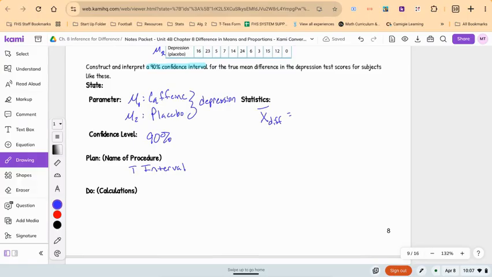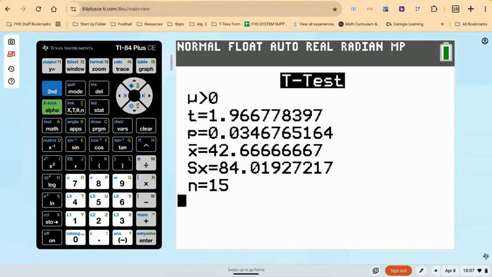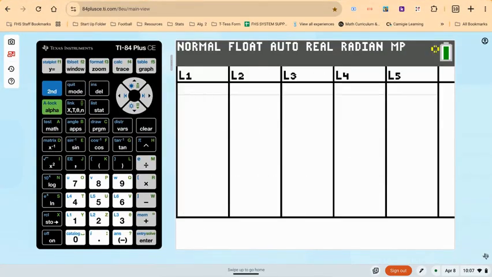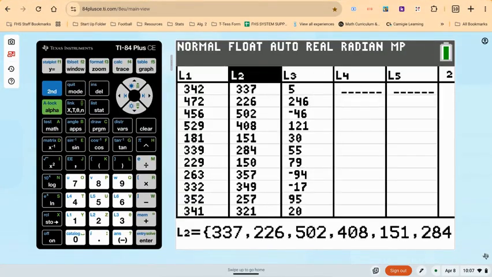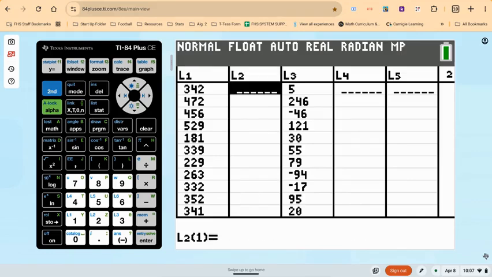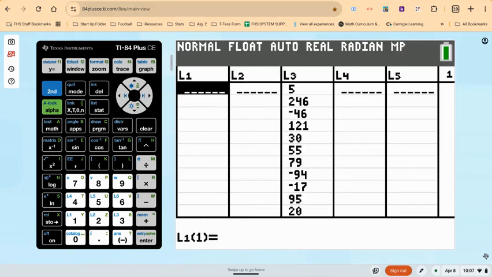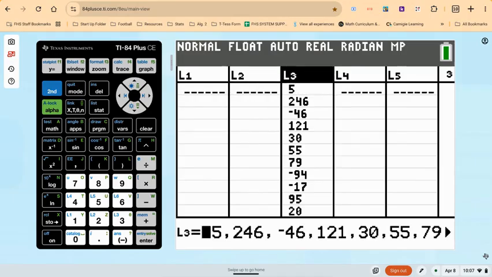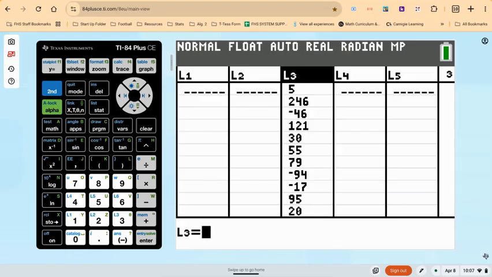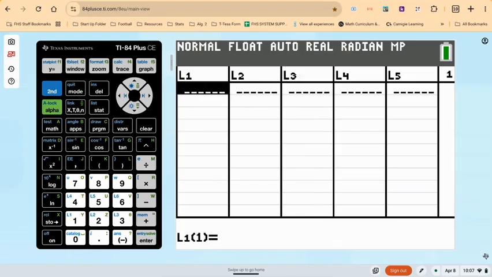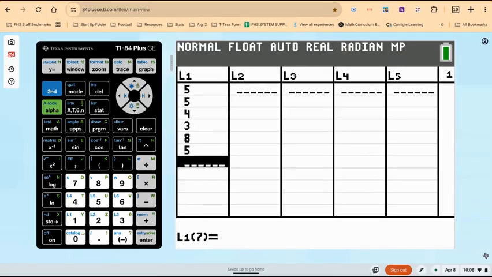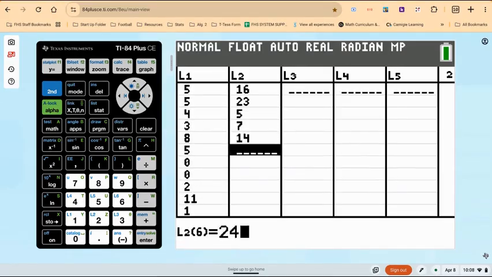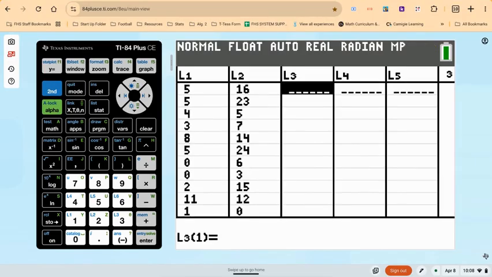Okay, and so when we go into our calculator, again, we have to stat edit. We can clear these lists, even 3. And then we have to insert those lists. Okay, and so I put in my 2 lists. I calculate list 3.